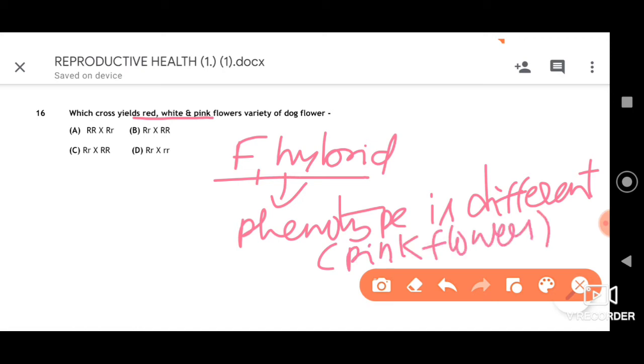If the parents are pure homozygous red and pure homozygous white, the F1 hybrid will be different from the parents, producing pink color. So this is explaining incomplete dominance, or partial dominance, or blended inheritance. My friends, let me explain how it is.